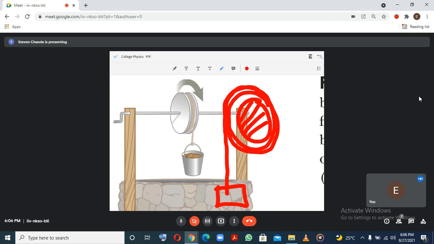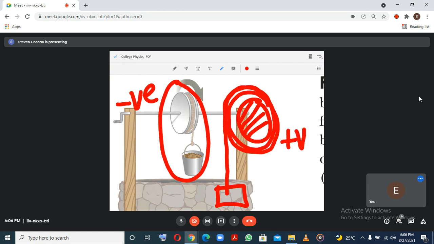In this one here the torque is negative, but in the one I've drawn here the torque is positive, because the wheel is moving like that and the bucket is going down.